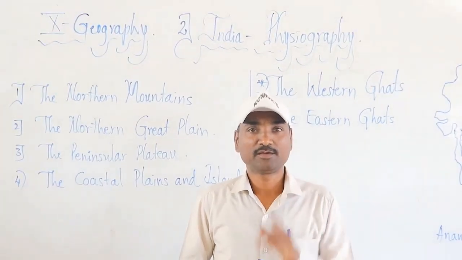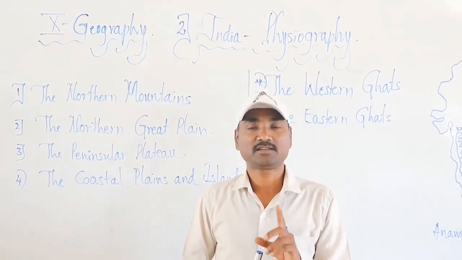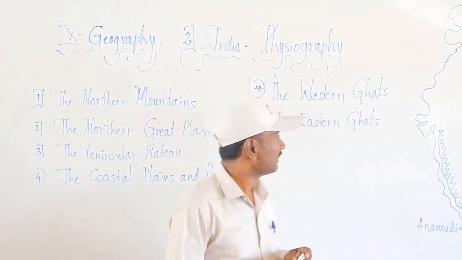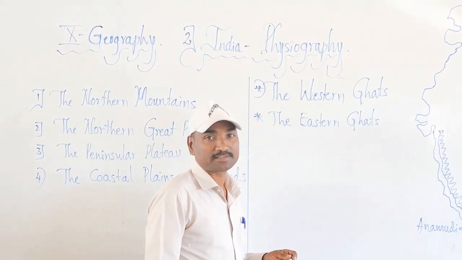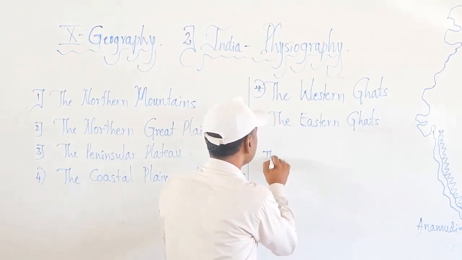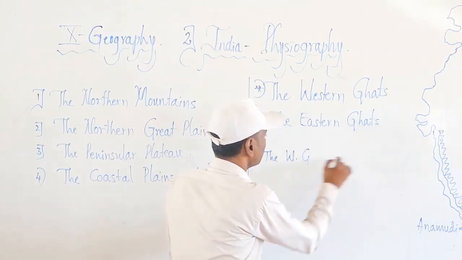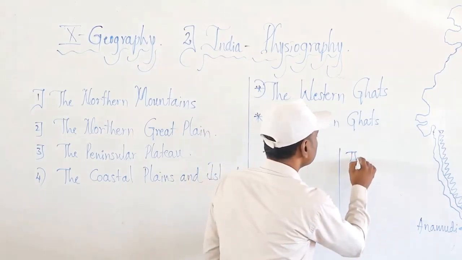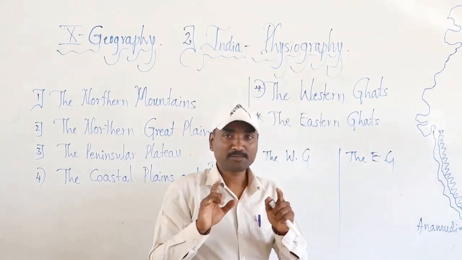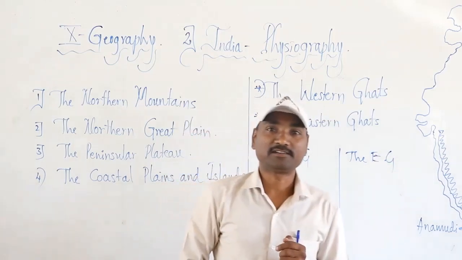Don't forget, whenever you are writing the differences, you should prepare a chart in the annual examination. That is like this: one side the Western Ghats and the other side the Eastern Ghats. This type of chart should be written.